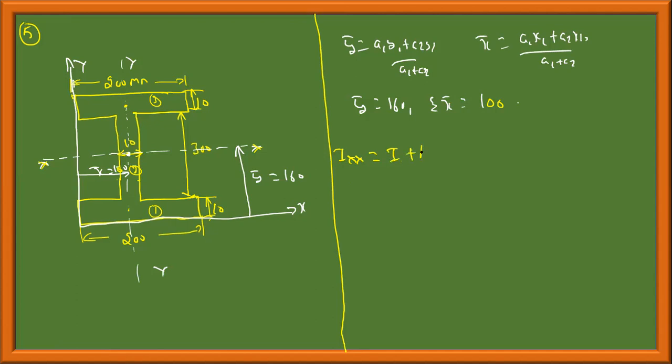In the case of section 1, I is nothing but BD cube by 12. If I am considering the x-axis, whatever is parallel to the x-axis is my B. So B is 200, BD cube by 12 plus area 200 into 10, into h square.